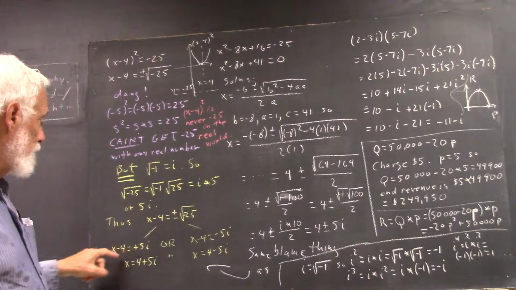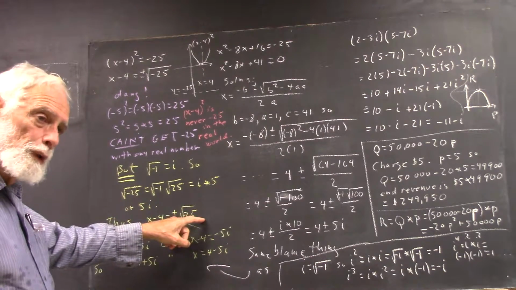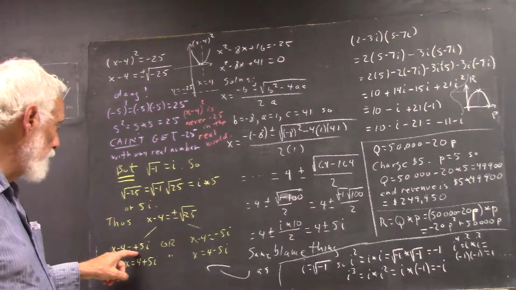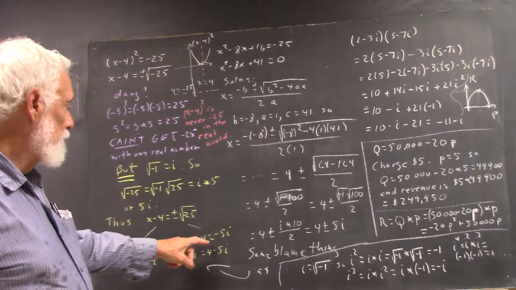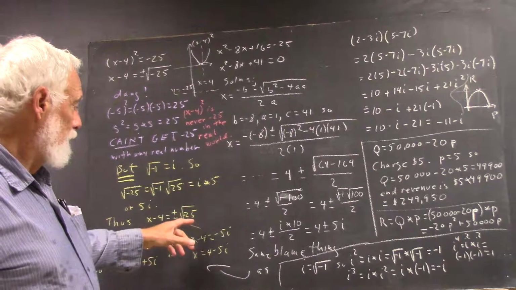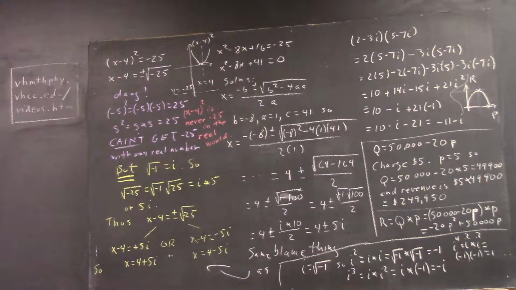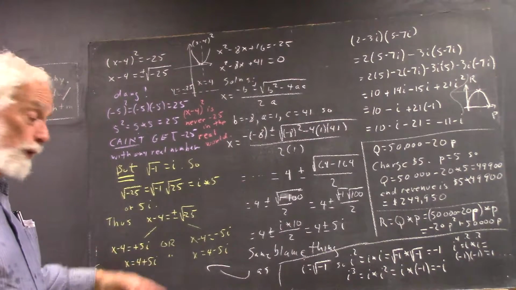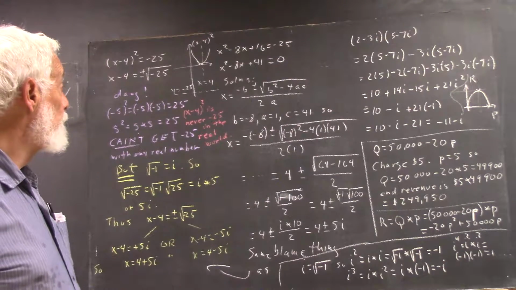This represents x − 4 equals plus the square root of negative 25, and this corresponds to x − 4 equals negative the square root of negative 25, again the square root being 5i. So the solution is x = 4 + 5i, or x = 4 − 5i.